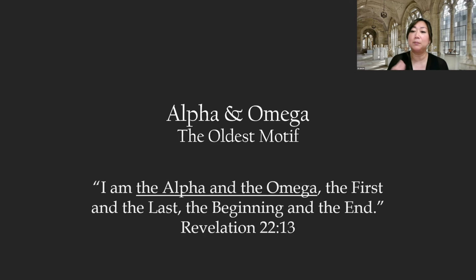And this saying gets picked up in symbols and a motif that gets repeated throughout carvings, inscriptions, and shows up, of course, in icons of Jesus and mosaics and other representations as time goes on.